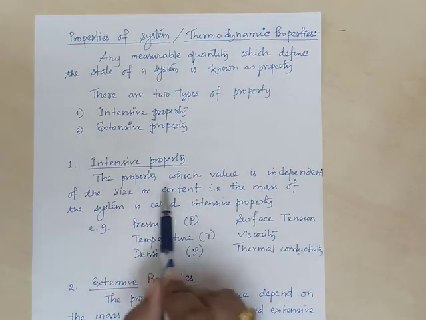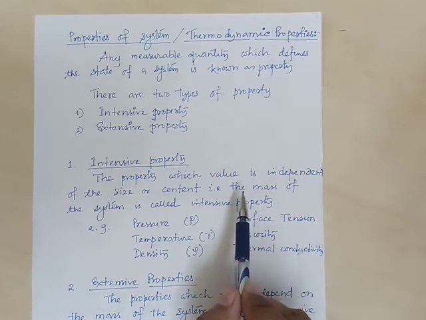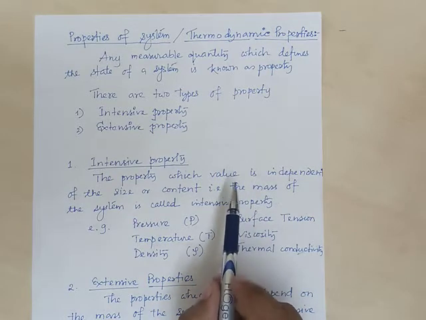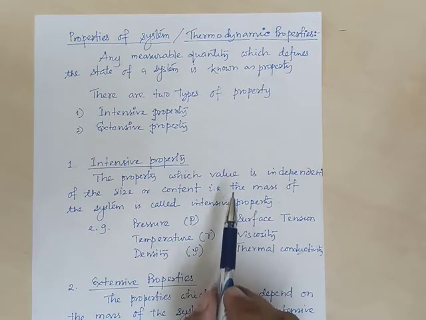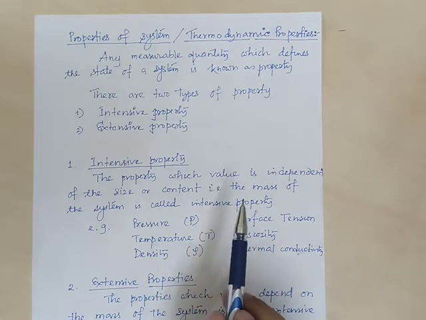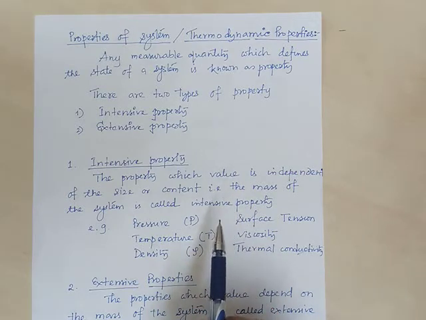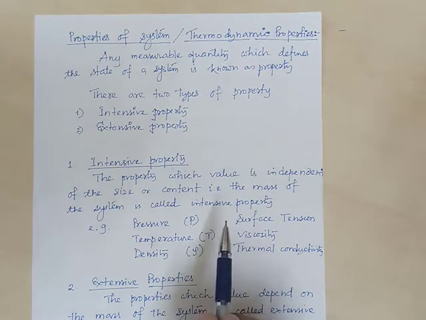The intensive properties are those properties which are independent of mass or extent of the system or size of the system. Suppose for a small vessel, if the pressure is P, then if some mass enters the system, the pressure may remain P. So it is independent of mass of the system.